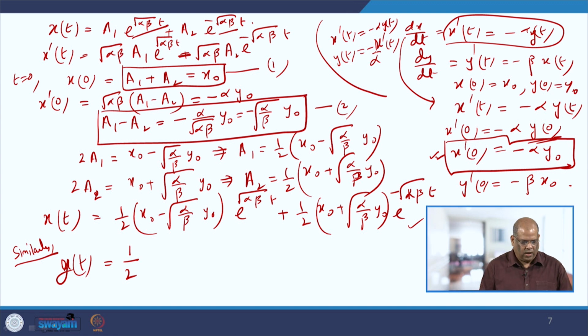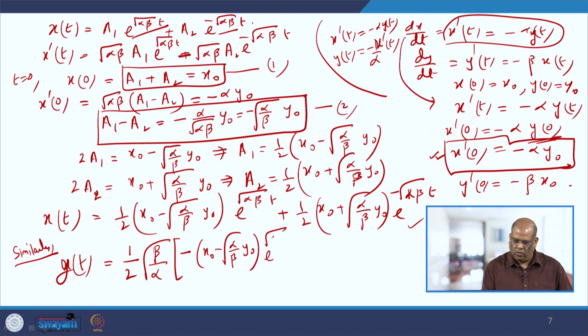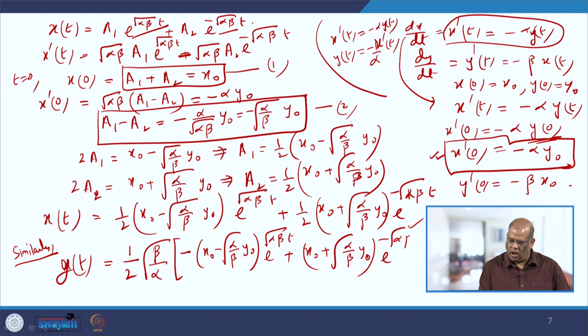And if you do that, you will get this to be equal to root of beta by alpha times minus x0 minus root of alpha by beta y0, e to the power root alpha beta t, plus x0 plus root of alpha by beta y0, e to the power minus root alpha beta t.